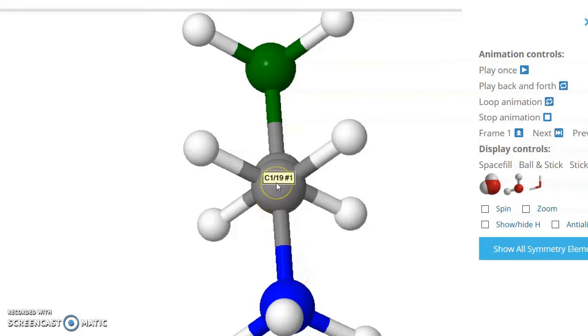This conformation is the most stable conformation of butane, wherein all the groups are anti to each other, particularly the two bulky groups, which are 180 degrees apart.